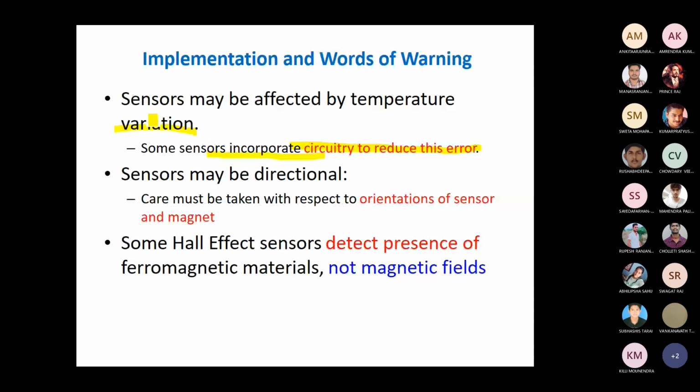Sometimes a sensor has error, so you need to reduce that error value. Some Hall effect sensors detect the presence of ferromagnetic material or not, so not all material needs to be magnetic, not exactly that.